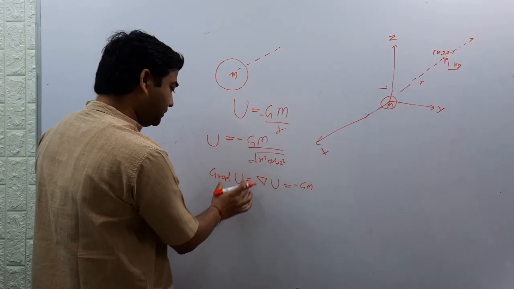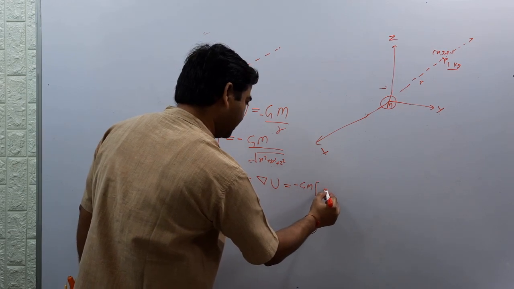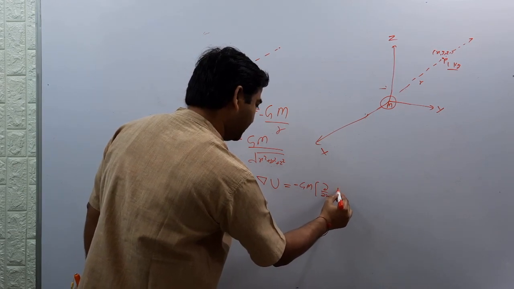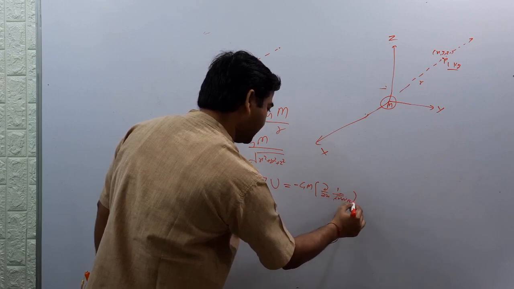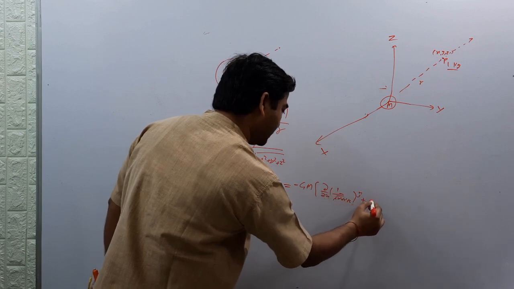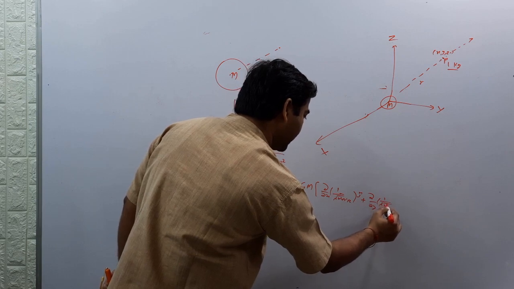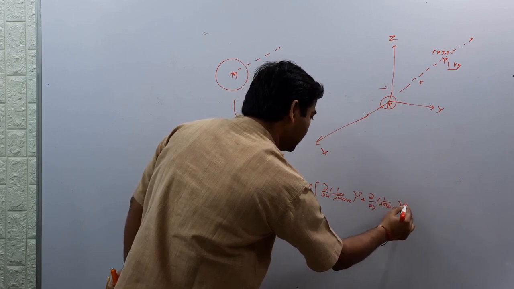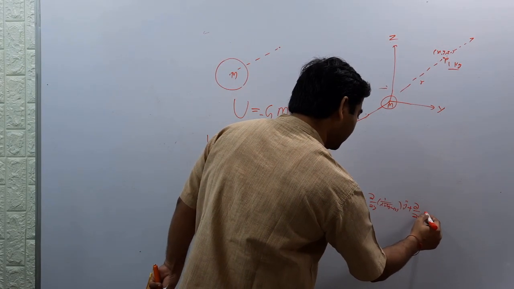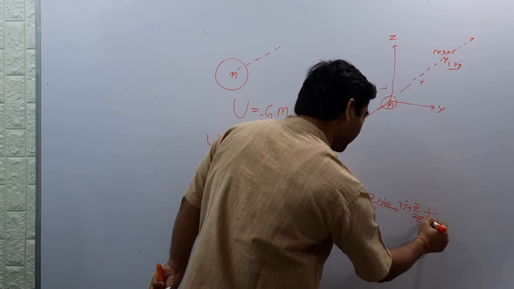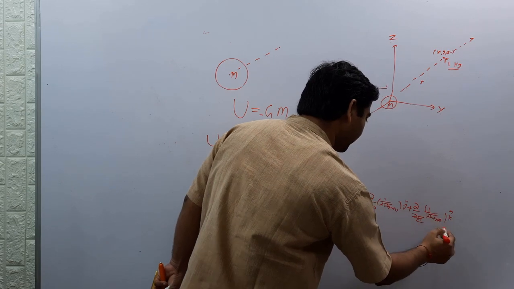So the gradient of this potential energy is minus Gm times del x of 1 by under root x square plus y square plus z square into i, plus del y of 1 by under root x square plus y square plus z square into j, plus del z of 1 by under root x square plus y square plus z square into k.